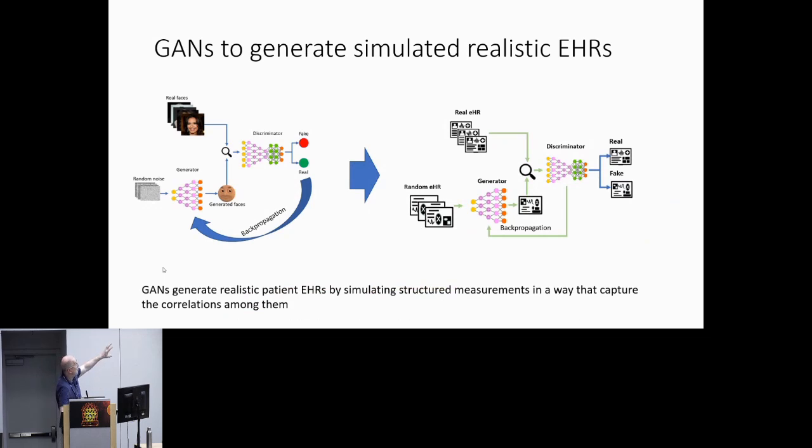Essentially, a generative adversarial network is a combination of two deep networks. One of them is a generator. It generates from random noise something, like faces in that case. And you also have a discriminator. So you put them in competition. In the first stages, it's very easy to distinguish between this random noise and the real information.